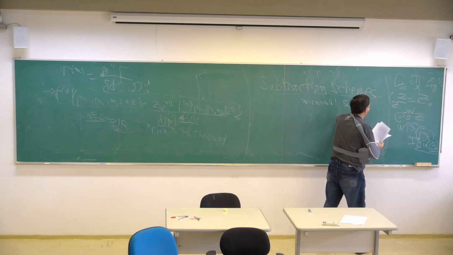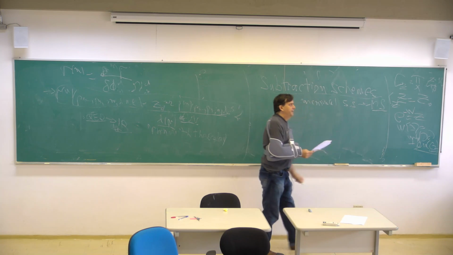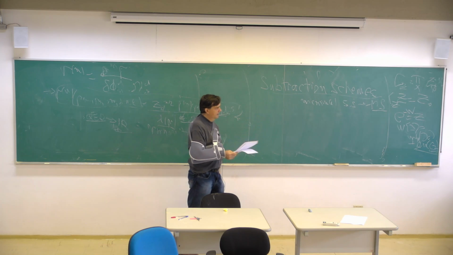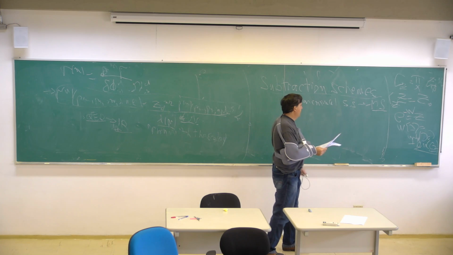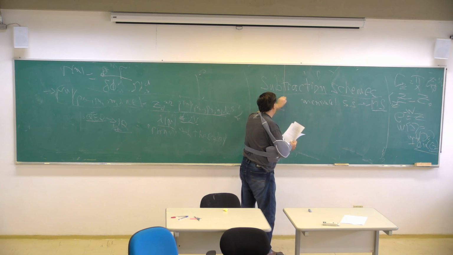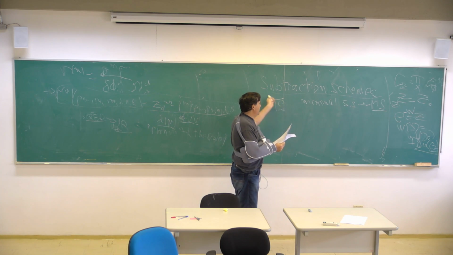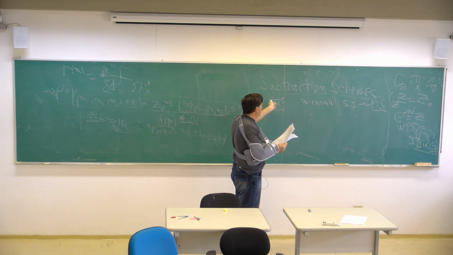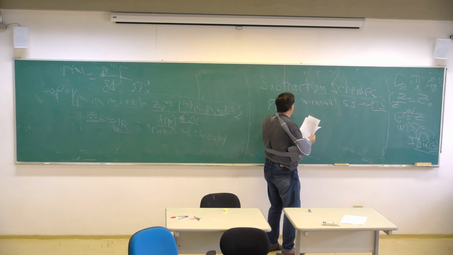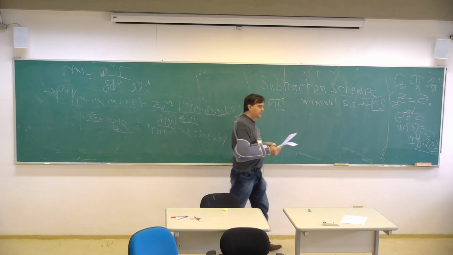So this is usually defined in shorthand as MS. However, there's a variation which is the most common, that is called MS bar, minimal subtraction bar, in which we subtract the infinity, the 1 over epsilon parts.